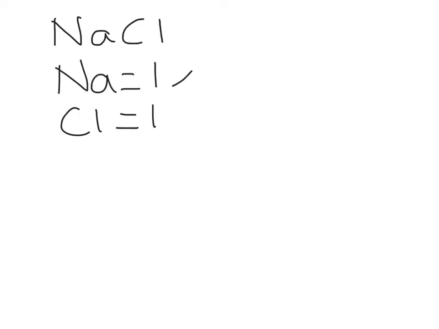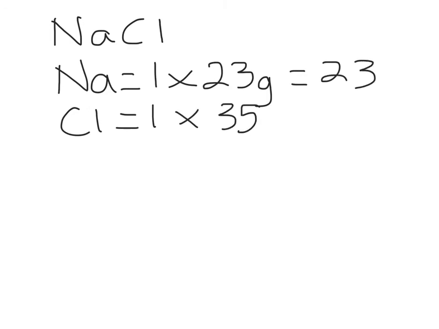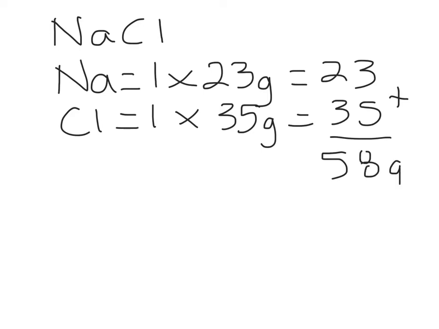You know how to do this. Let's calculate the molecular weight for sodium chloride. You know how to determine this calculation. Sodium has a weight of 23 grams and chlorine of 35. The molecular weight is 58 grams.